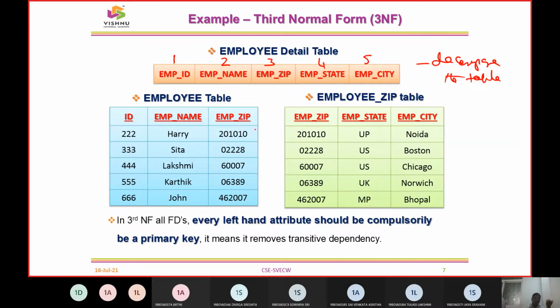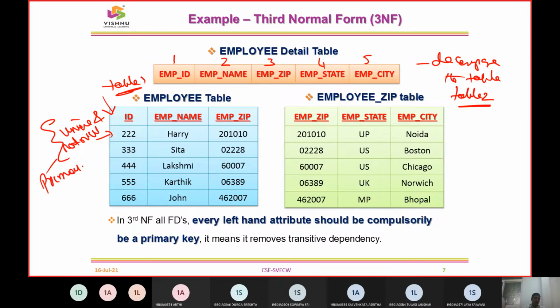So for example, if I call it employee ID, that is table 1, we are bifurcating. Then table 2, we are again bifurcating. That is where employee zip comes in. So ID is going to be unique and ID is going to be not null. Therefore, we can assume ID can be the primary key.